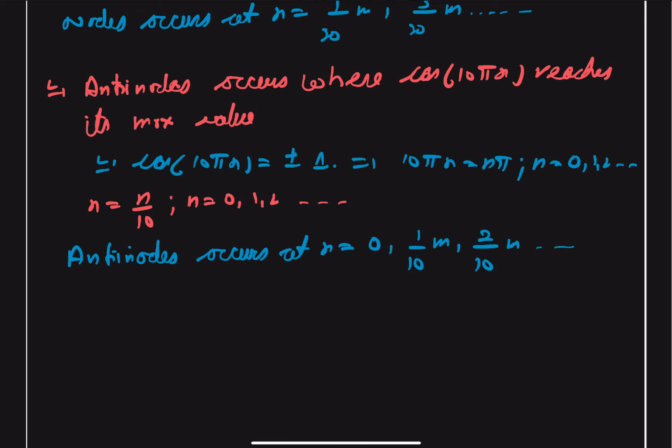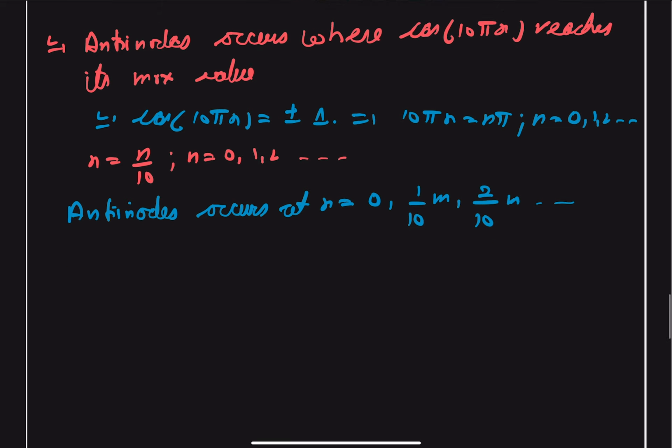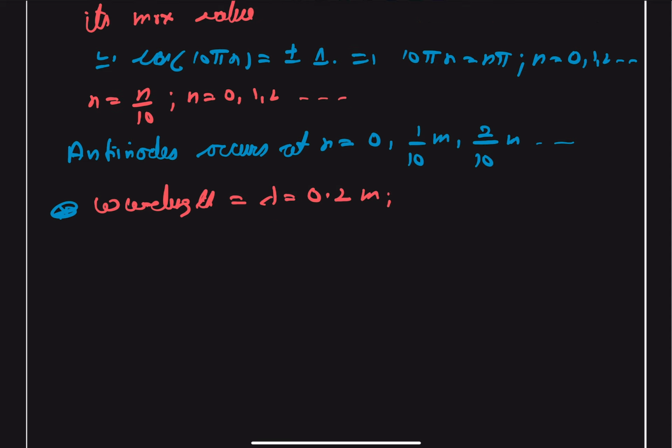So we can just compile all the results. We found out that the wavelength, that is our lambda, is our 0.2 meters. Wave speed, which is v, is our 5 meter per second.